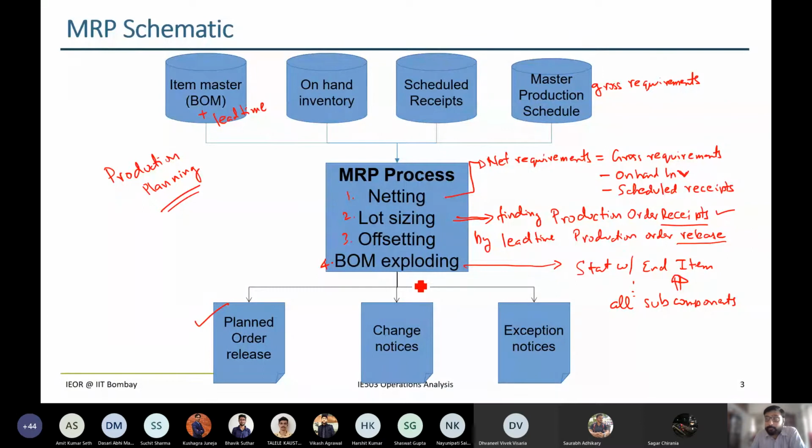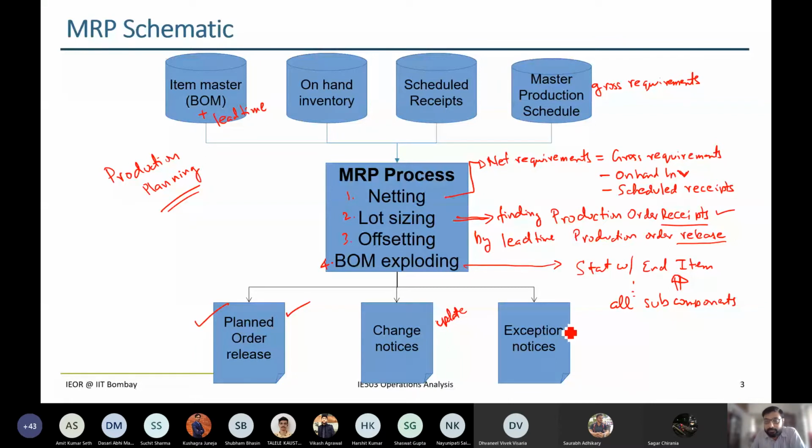The result of the production plan will be a planned order release, as we have seen here. If a previously scheduled order has to change, then we call it a change notice, or any updates within the old plan. An exception notice is when it ends up violating, or I need some requirement but I cannot meet that requirement at all.